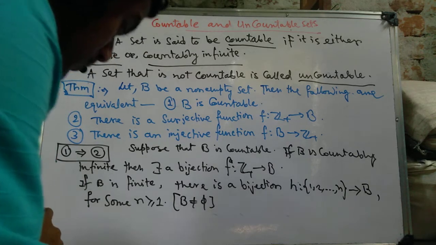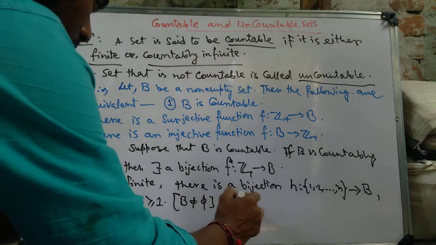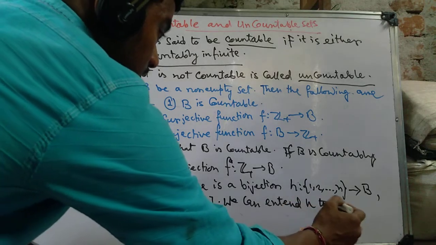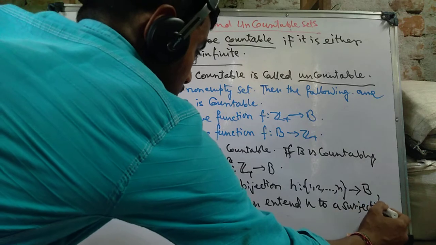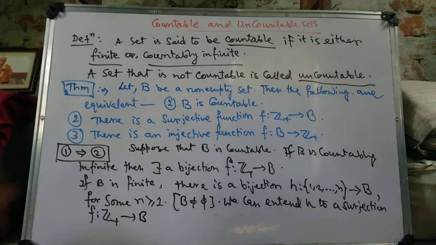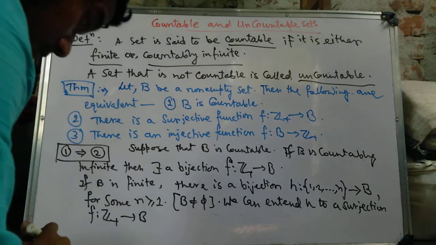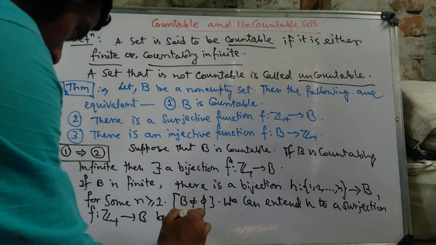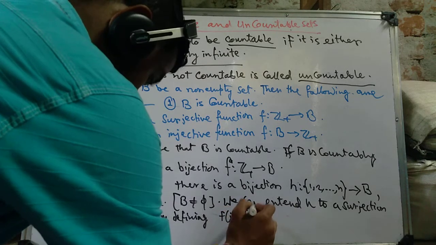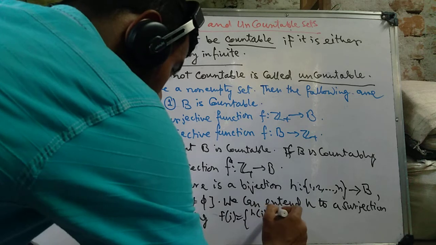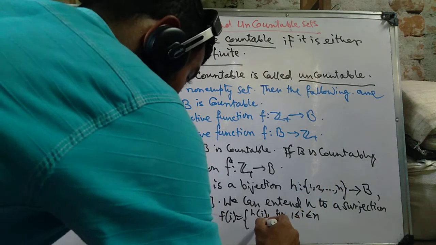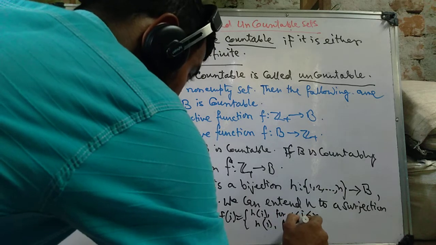Then we can extend h to a surjection f from Z plus to B by defining f(i) equal to h(i) for 1 less than or equal to i less than or equal to n, and h(1) for i greater than n.